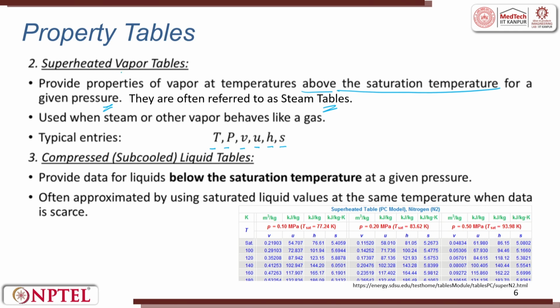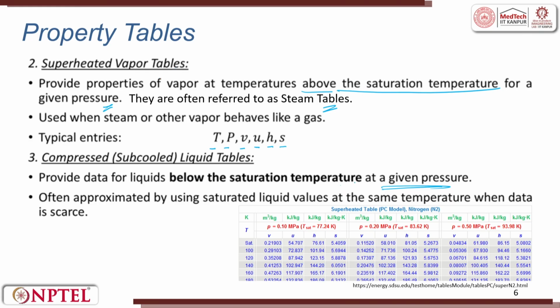Next is the compressed liquid table, which is otherwise called a subcooled liquid table, which provides the data for liquid below the saturation temperature at a given pressure. Above the saturation temperature is superheated vapor table.